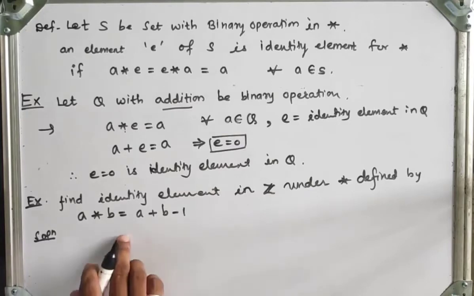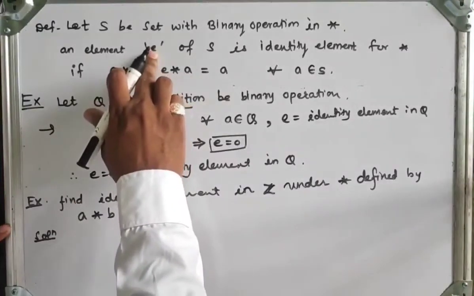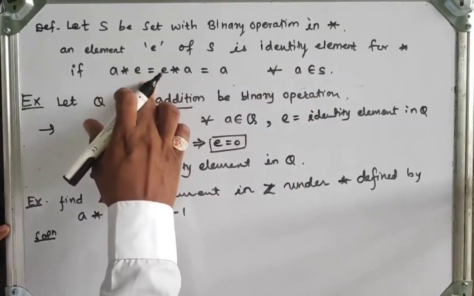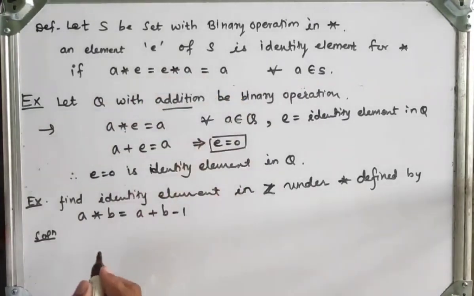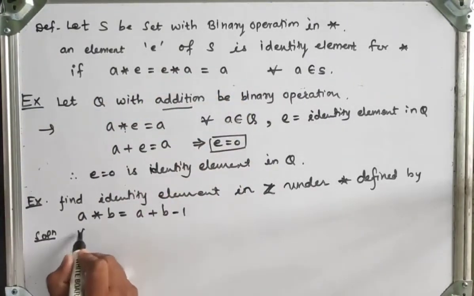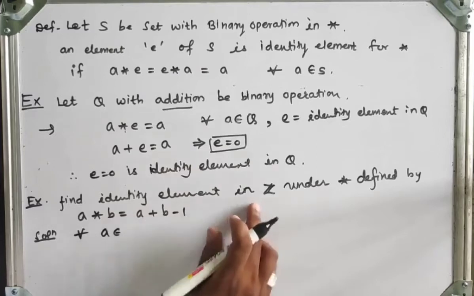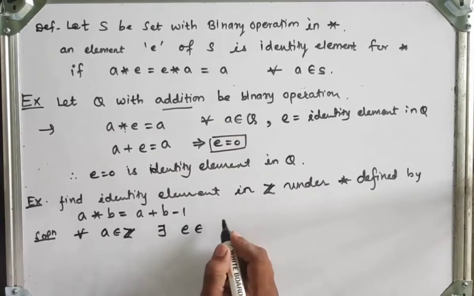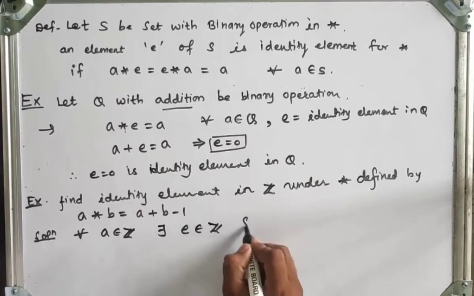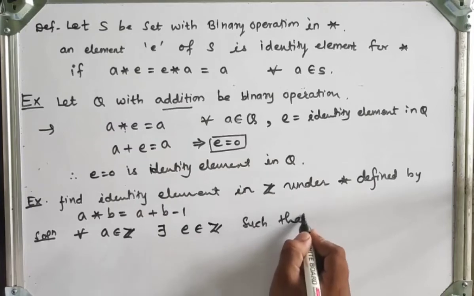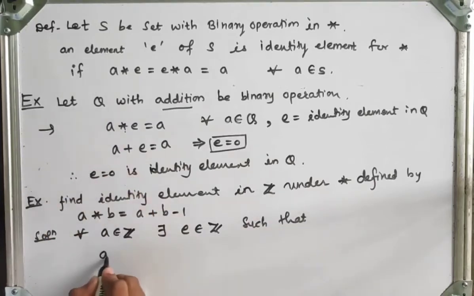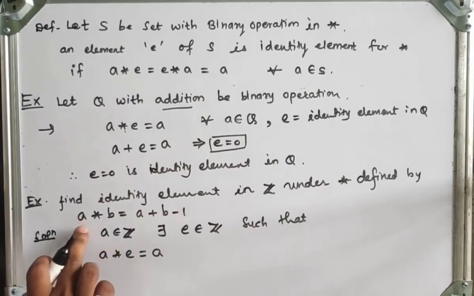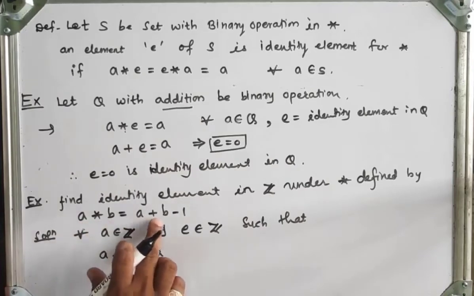Now what is the property? E is said to be the identity element if A star E is equal to E star A is equal to A for all A belongs to the set of integers, so there exists an identity E belongs to Z such that A star E is equal to A. But here what is defined? A star B is equal to A plus B minus 1.